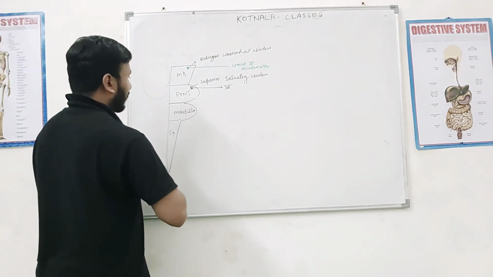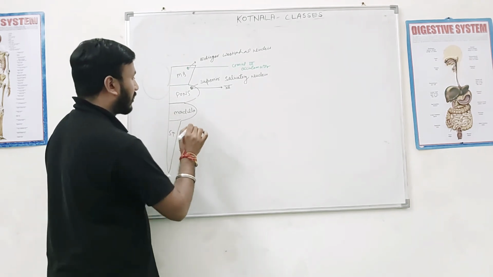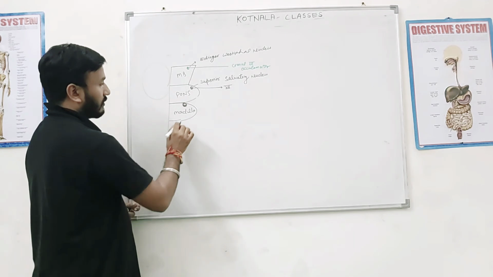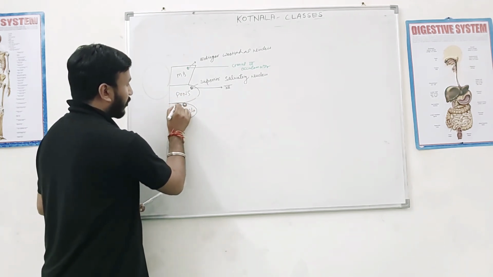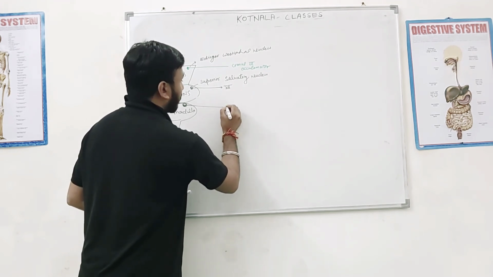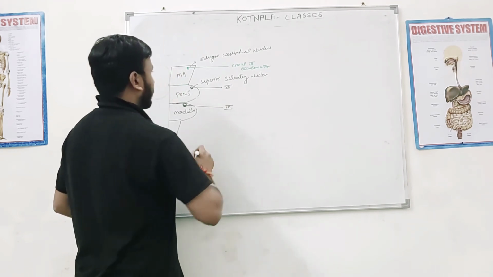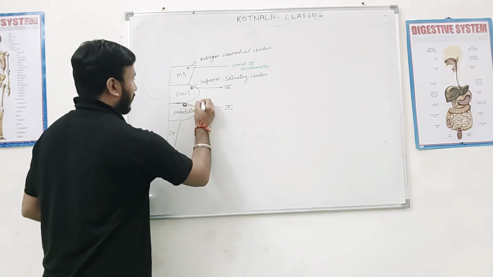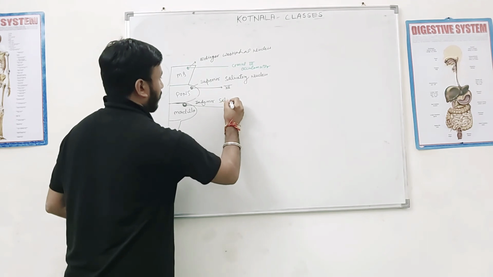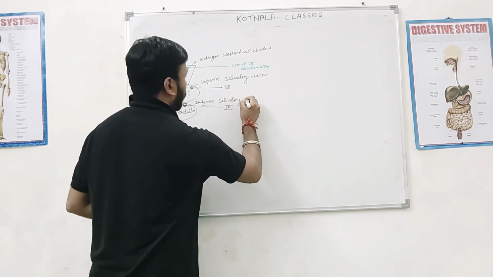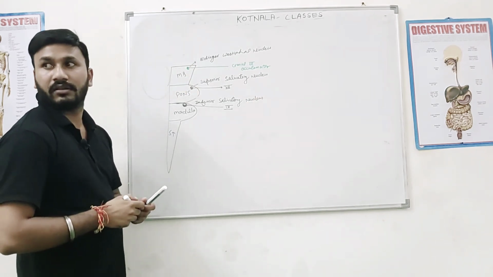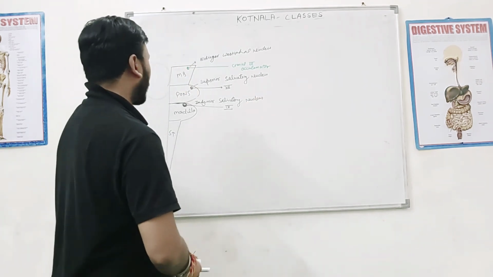And cranial nerve 9, which every person should learn, also comes from the pontomedullary sulcus. This is the medulla, this is the pons, and this is the pontomedullary sulcus. Cranial nerve number 9 goes to the inferior salivatory nucleus.